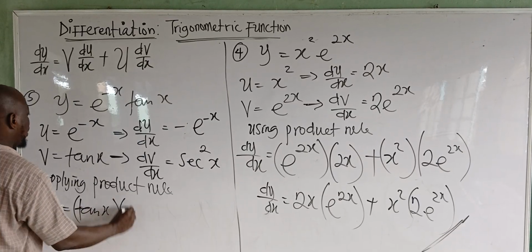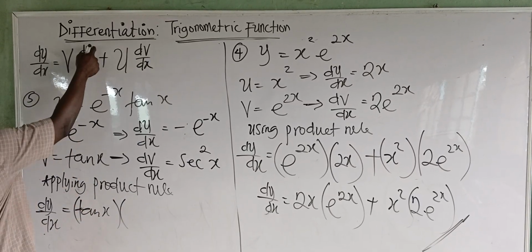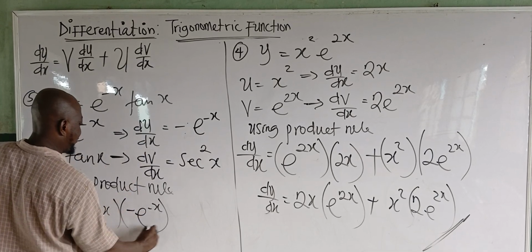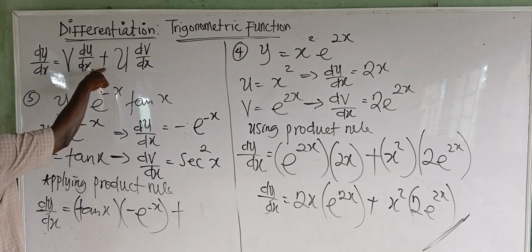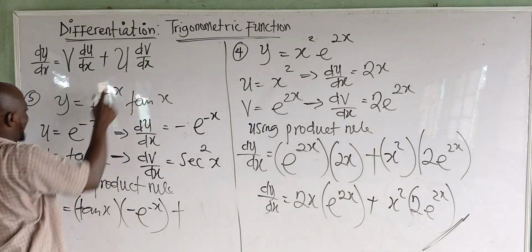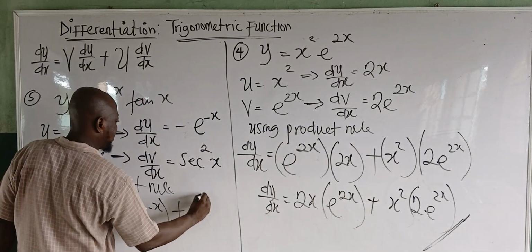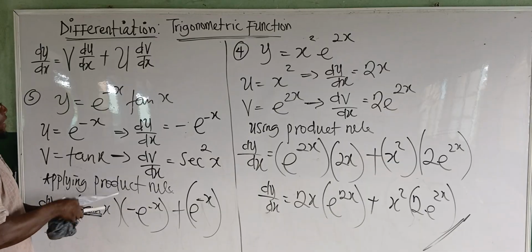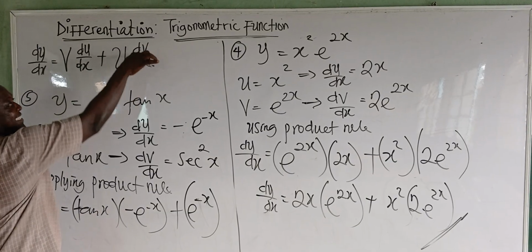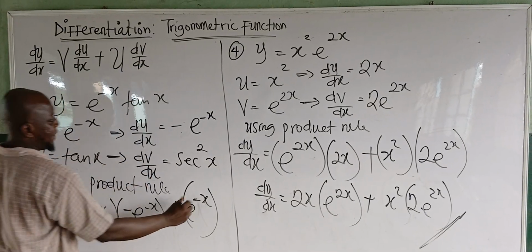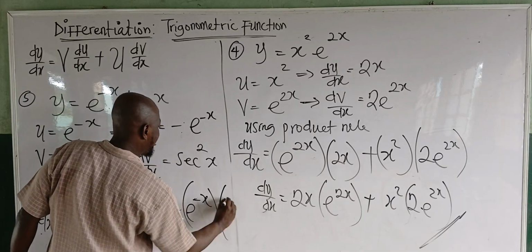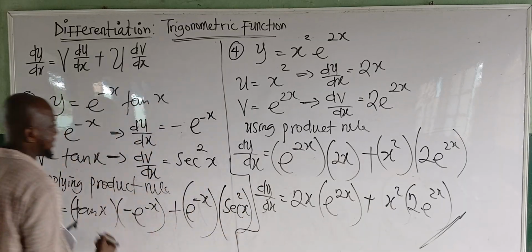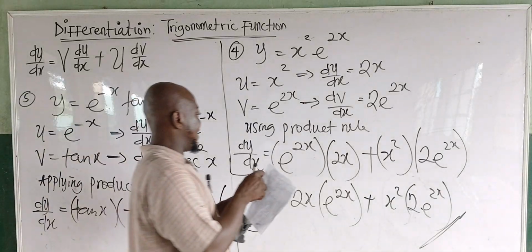And then next up, what is by the side of my v? I have du/dx. Where is my du/dx? It is minus e raised to the power of this, plus, please. Then what is my u from the beginning? My u is this value. Next, by the side of my u is dv/dx. What's my dv/dx here, please? My dv/dx here is giving me sec squared x. Very, very important.